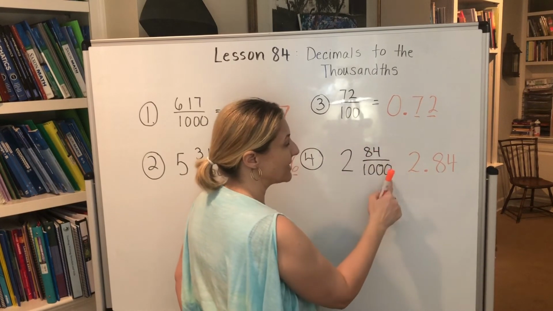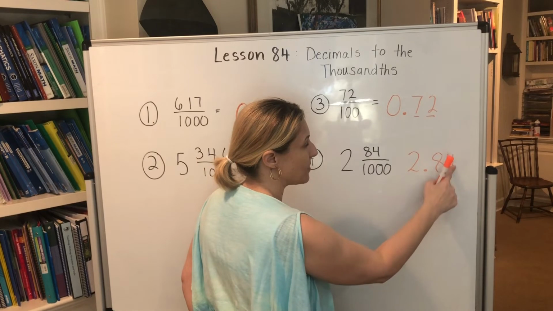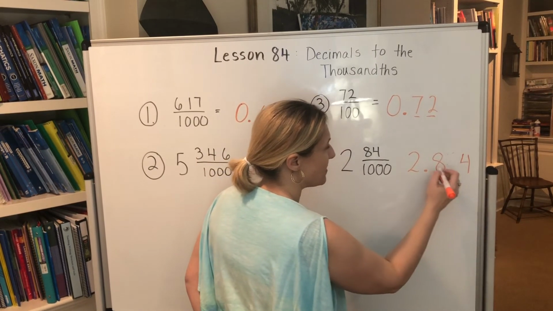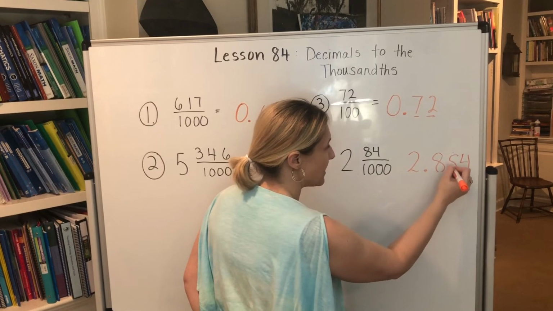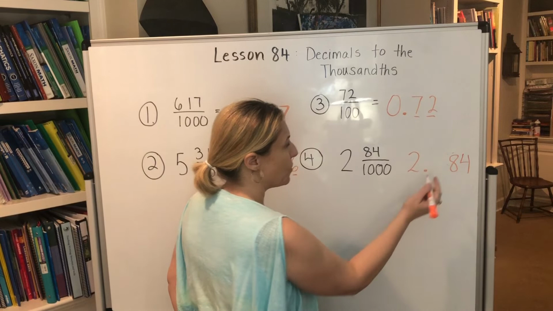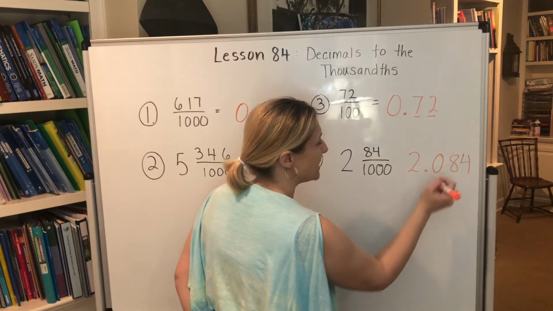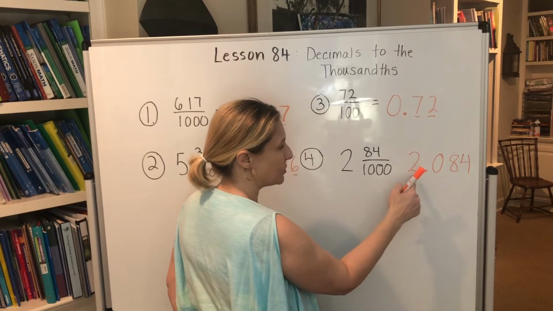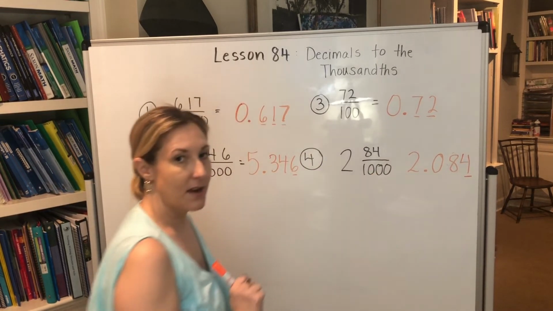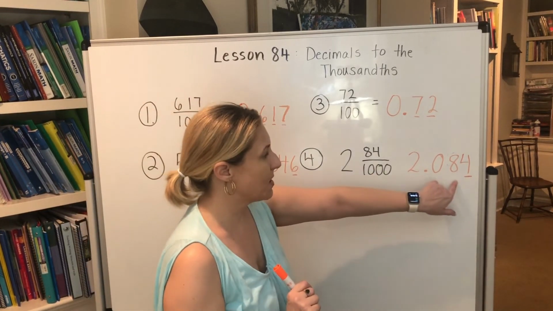The 4 has to land in the thousandths column. So I've got to scoot my 4 over to the thousandths column, and I need to scoot my 8 over into the hundredths column, and there are no tenths. Okay, so this says 2 and 84 thousandths. So now this is right, 2.084.